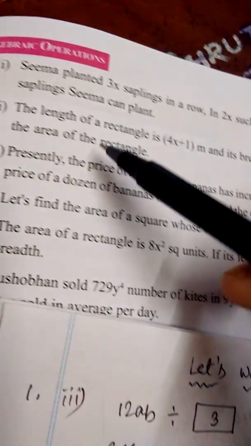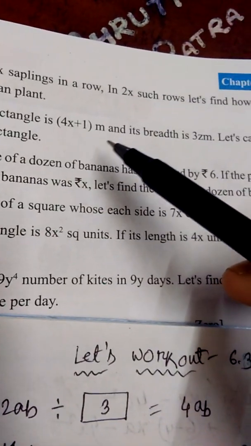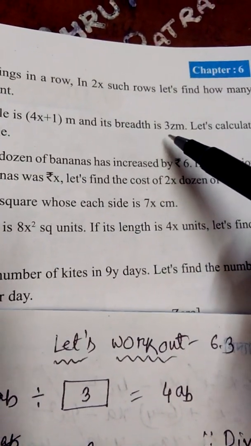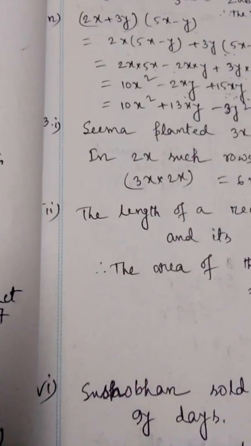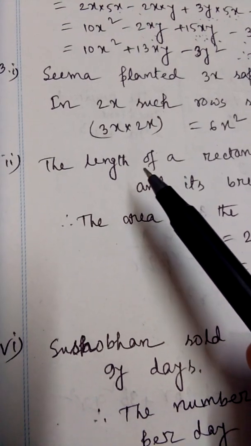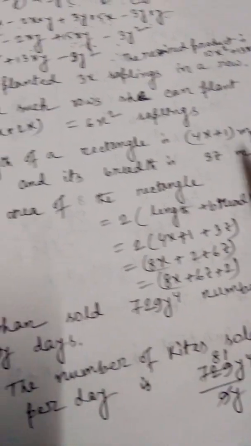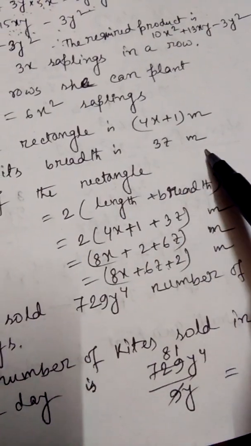Problem number 2. The length of a rectangle is 4x plus 1 meter and its breadth is 3z meter. Let us calculate the area of that rectangle. We know that the area of a rectangle is equal to 2 into (length plus breadth). All these are given.